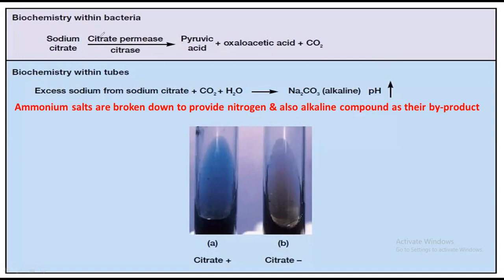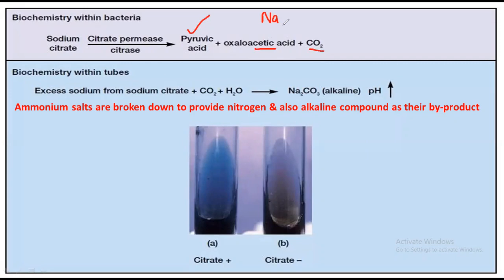The sodium citrate will be converted into pyruvic acid, and it will release its sodium. Carbon dioxide is also produced and oxaloacetate is produced, as I have shown you in the molecular structures. So what will happen?